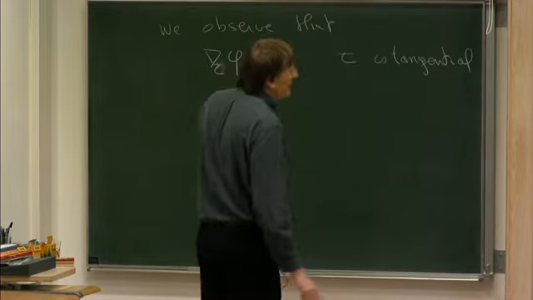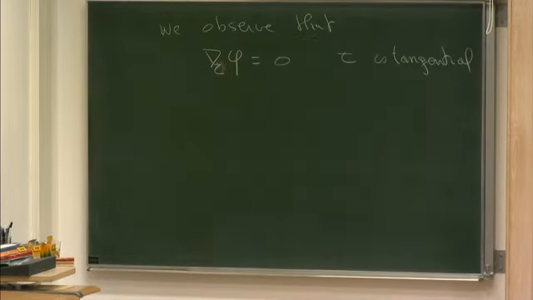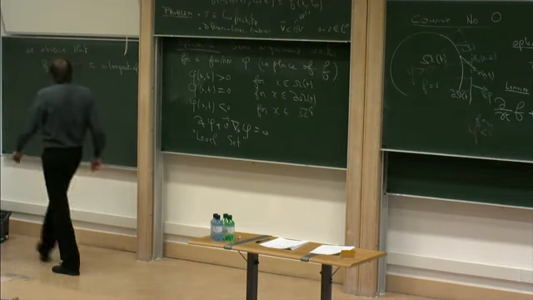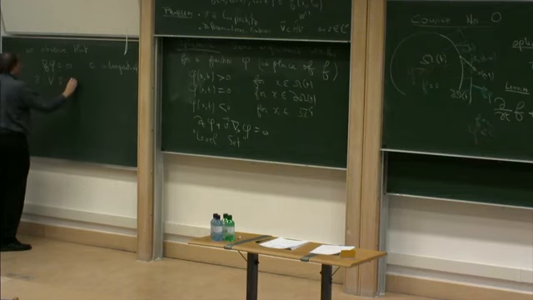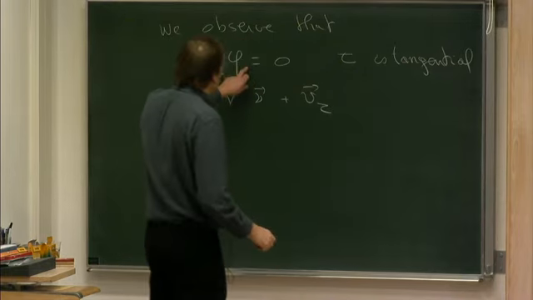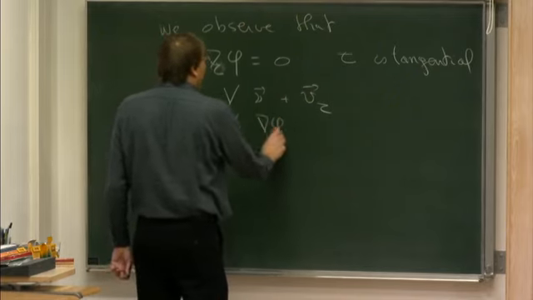What is really relevant, if you want to advance the interface correctly, is not the full velocity, of course, but only the normal velocity. So you can describe v as capital V times the normal plus a tangential part. And the normal is simply grad phi divided by the norm of grad phi.